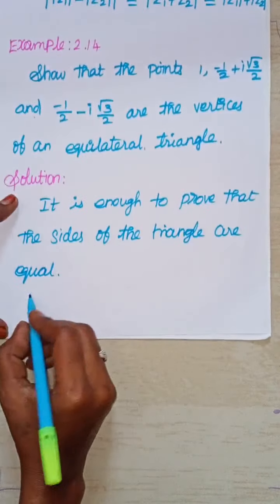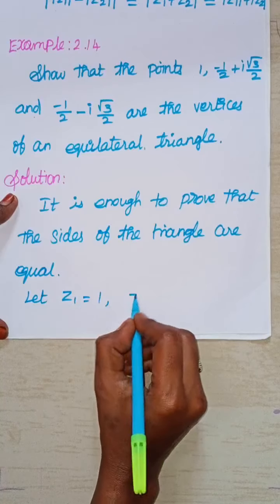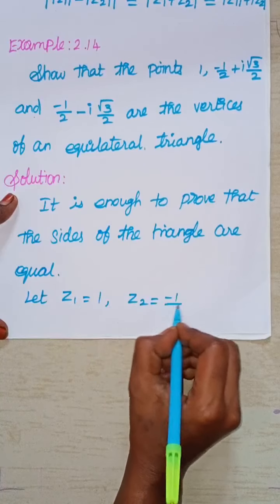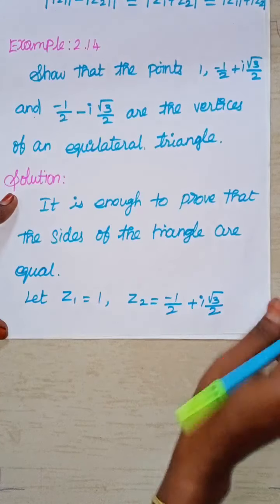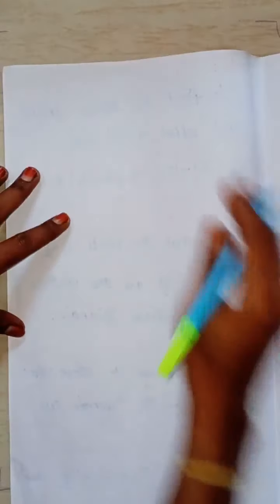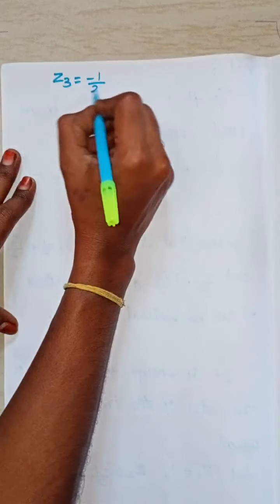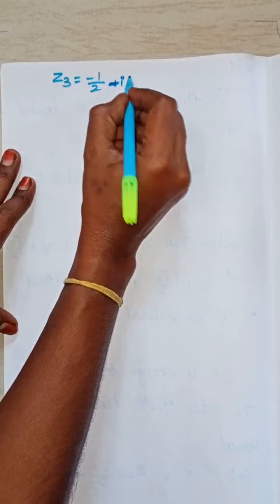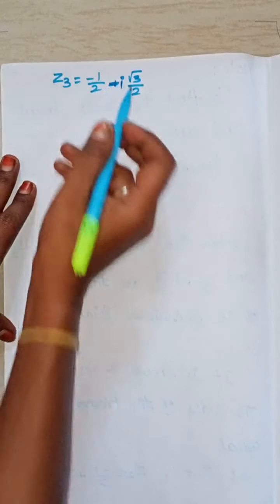Let z1 is equal to 1, z2 is equal to minus 1 by 2 plus I root 3 by 2, and z3 is equal to minus 1 by 2 minus I root 3 by 2.